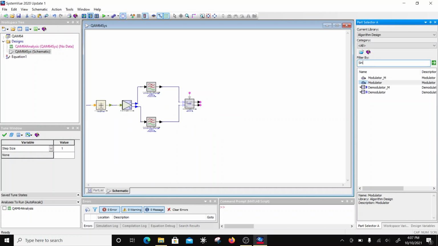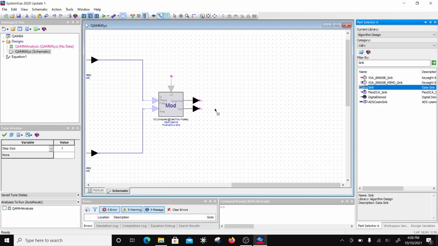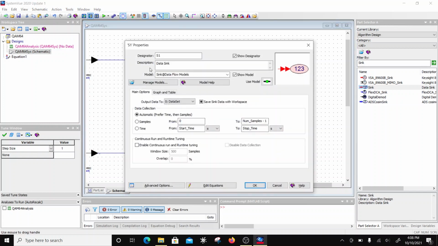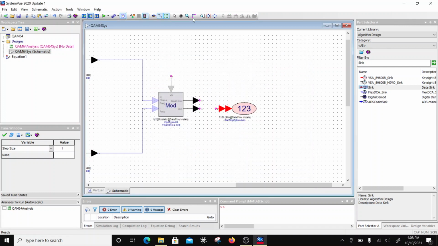So I'm going to put here a sink, and I'll call that sink TX bit, or transmit bit, correct? And so basically that's okay.